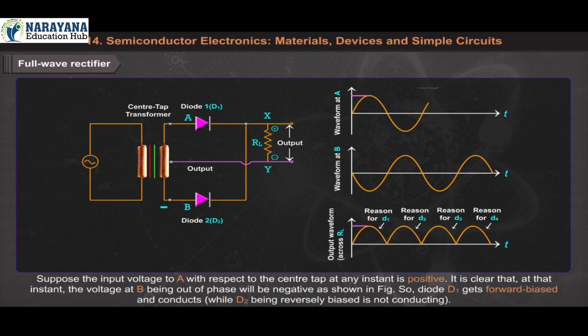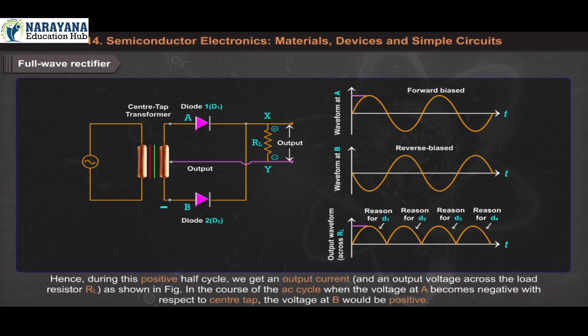So, diode D1 gets forward biased and conducts, while D2, being reverse biased, is not conducting.